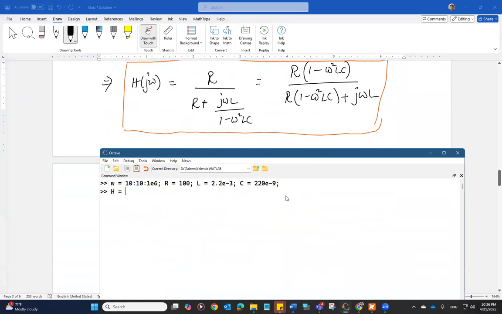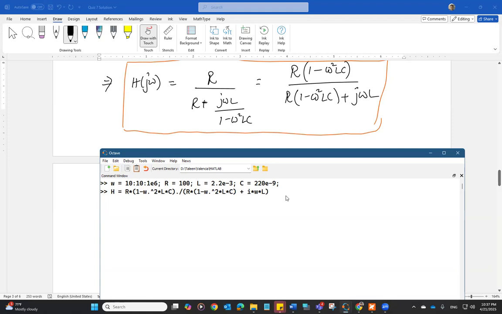So my transfer function is H is equal to R times (1 minus omega square LC), omega square times L times C, and there has to be a multiplication sign here, divided by R times (1 minus omega square LC), omega square times L times C. And the numerator is also LC, not RC, L times C. And plus j times omega times L. Okay.